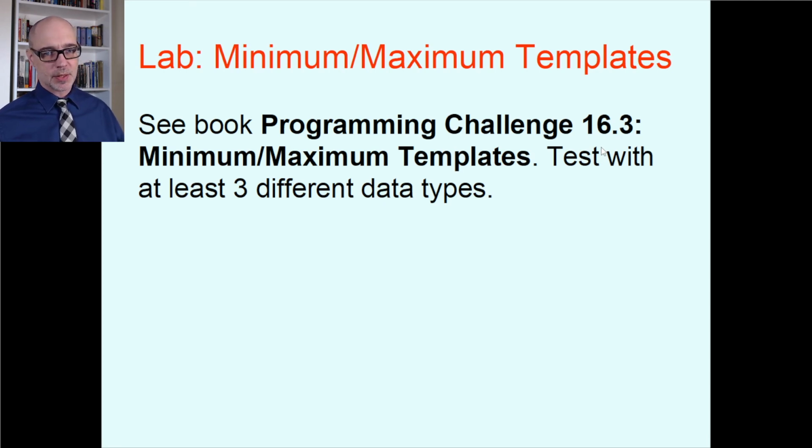Programming challenge 16.3 is the minimum maximum templates. So it's asking us to write a template function that computes the minimum of 2 parameters, and then another template function that computes the maximum of 2 incoming parameters. And so basically, if you think about it, that's a job that you want to do a lot, frankly, and it should work on any type of data that you can compare.